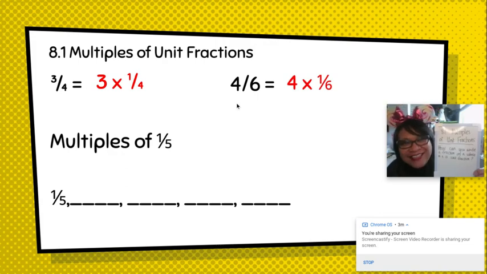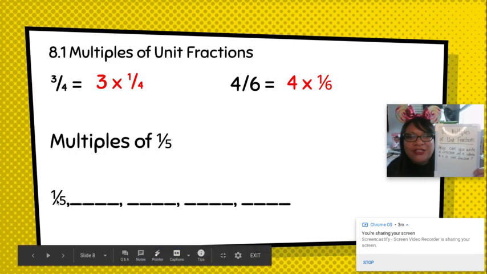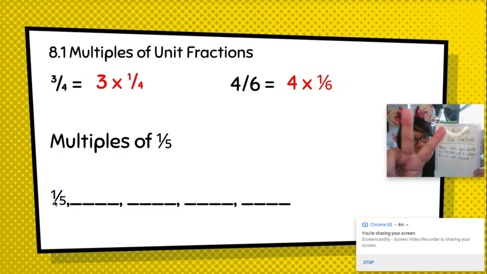And finally, we can start working with multiples of 1/5 or multiples of any unit fraction. Let's see if you can see the pattern. So if we wanted to multiply 1 times 1/5, it's easy. 1 times 1 is 1. It's 1/5. What if we multiplied 1/5 by 2? What is 1 times 2? 2.